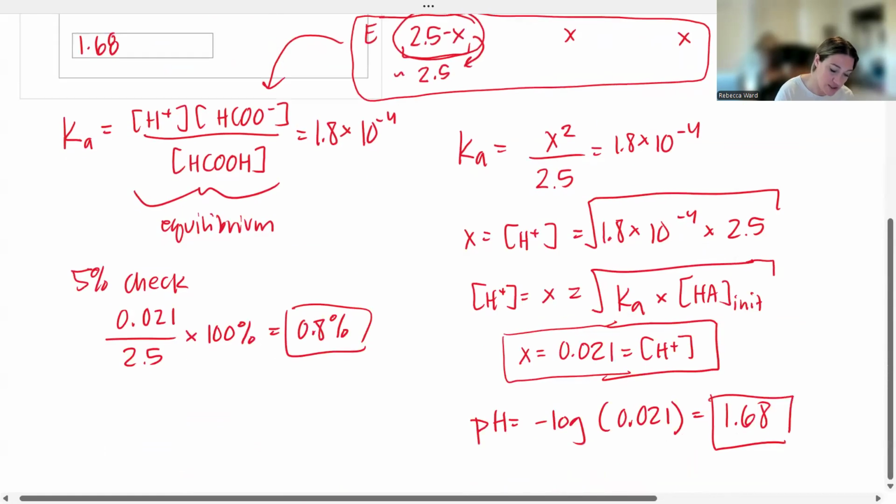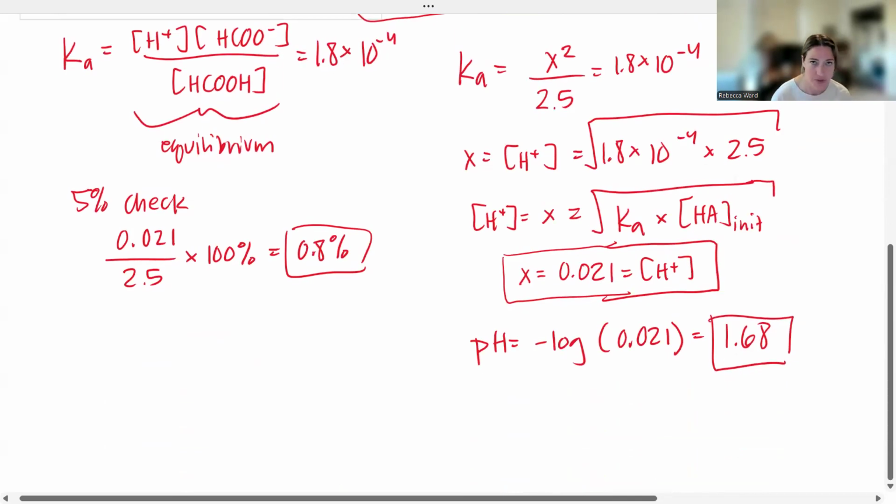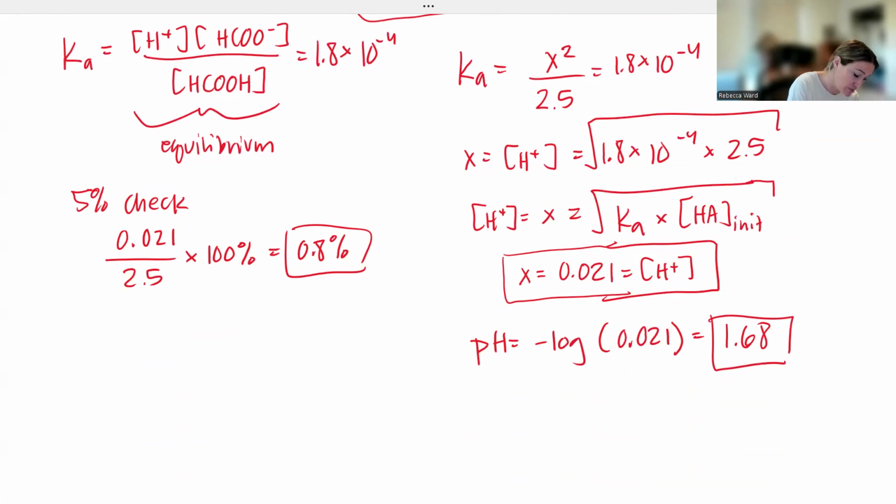If you want to double check yourself, rather than going through and punching in all these numbers again, where you might just make the same mistake over again, here's my exam check. I'd say, okay, Ka must equal 0.021 squared divided by 2.5, and I check to make sure that gives me the Ka that was provided in the question.